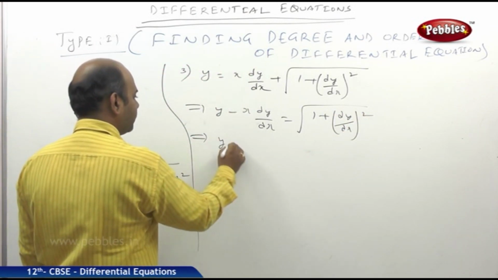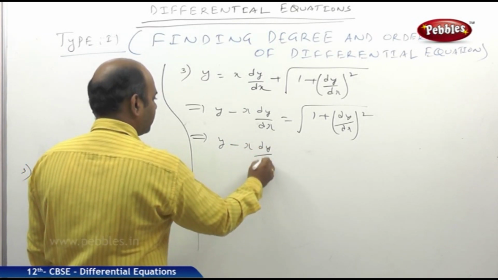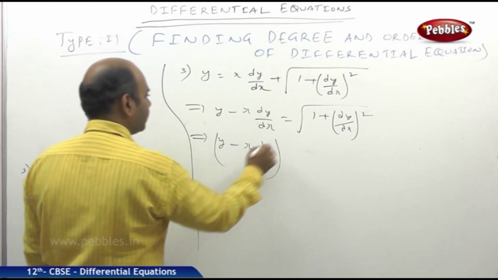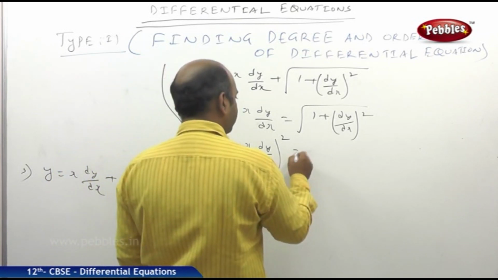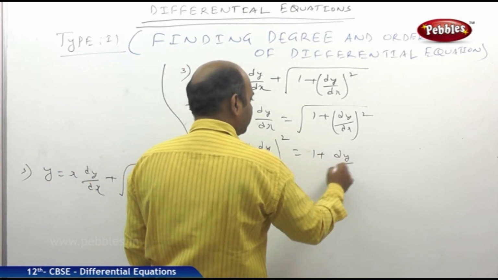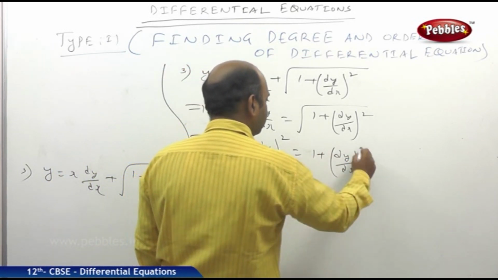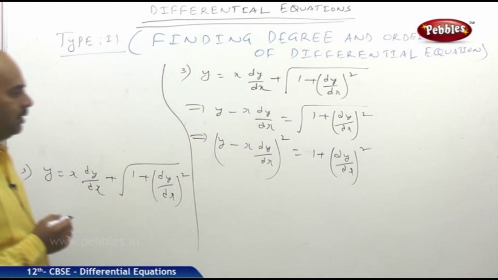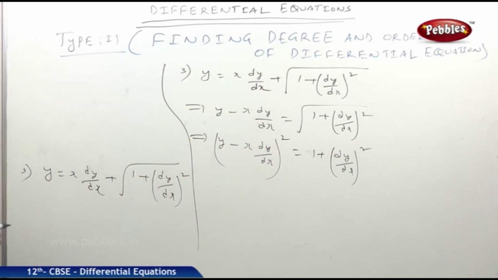Squaring on both sides means y minus x into dy by dx whole square is equal to 1 plus dy by dx whole square. Now it is a minus b whole square.